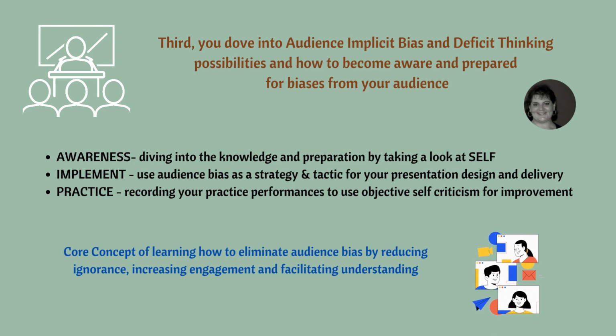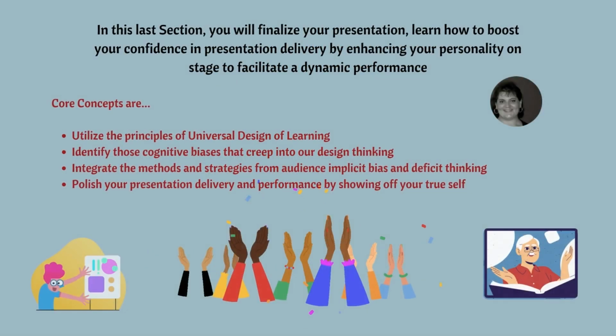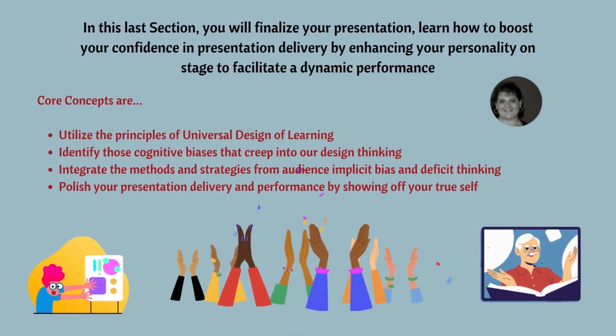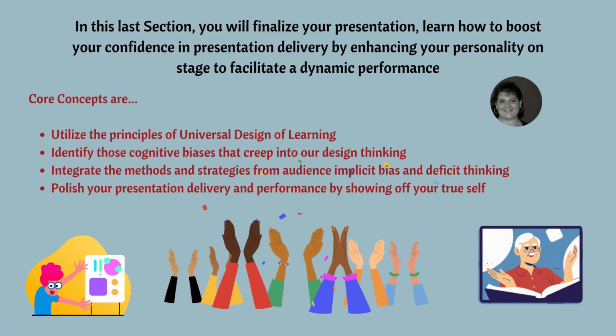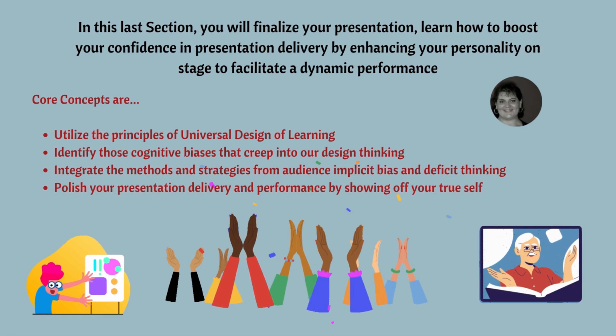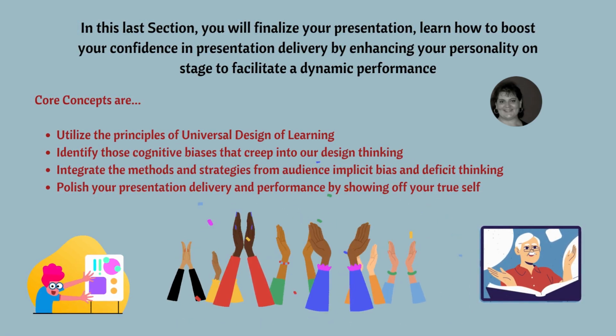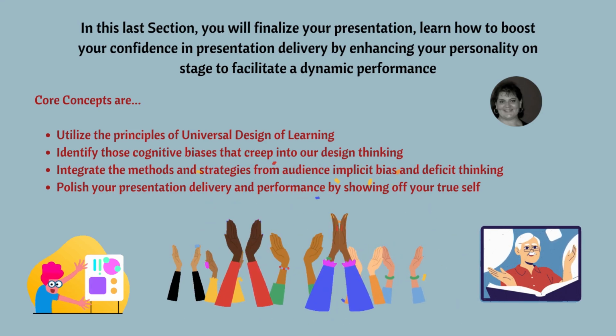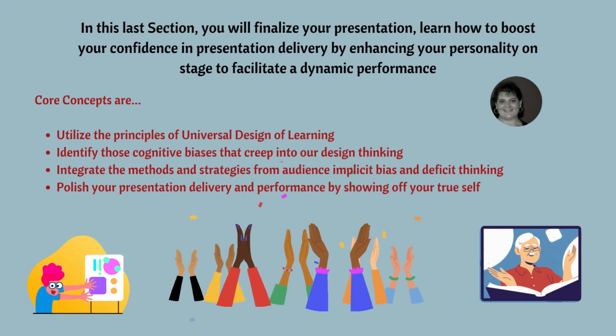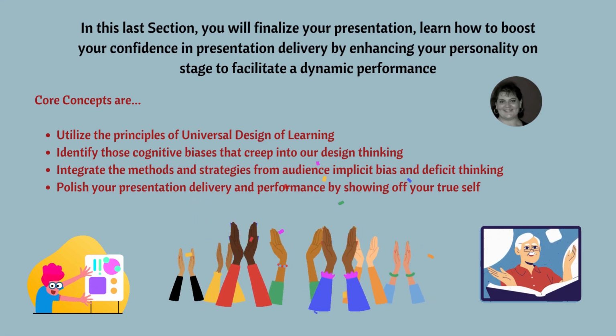And Section 4's core concept of learning is how to eliminate audience bias by reducing ignorance, increasing engagement, and facilitating understanding. Now, in this last section, you will finalize your presentation, learn how to boost your confidence in presentation delivery by enhancing your personality on stage to facilitate a dynamic performance, leaving your audience wanting more.